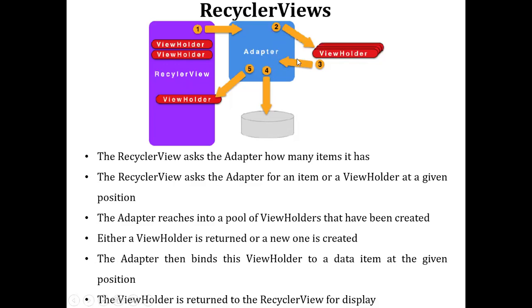Then the view holder gets bound with the data atom which is to be displayed at the particular position. Then the adapter returns those view holders to the recycler view, so that they get displayed inside the recycler view.